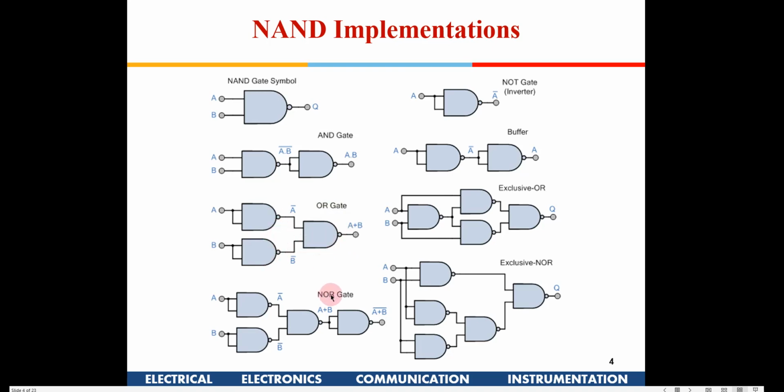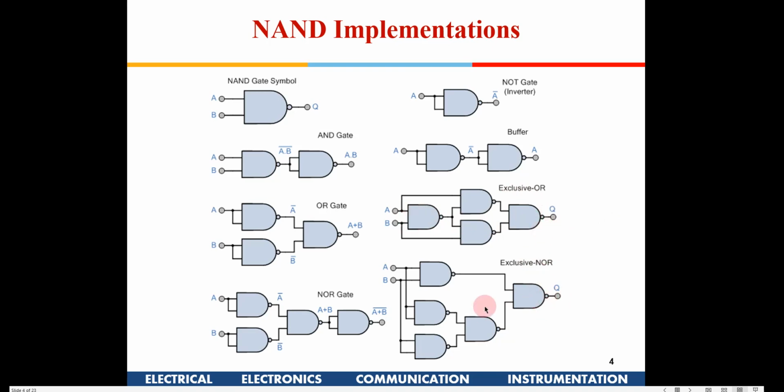Similarly, if you want to have a NOR gate, then you first make an OR and then put one more NAND inverter. Similarly you can make an XOR gate, exclusive OR gate, and also an exclusive NOR gate. The difference between these two is: exclusive OR, for 0 0 you get 0, for 0 1 and 1 0 you get 1, and for 1 1 you get 0.